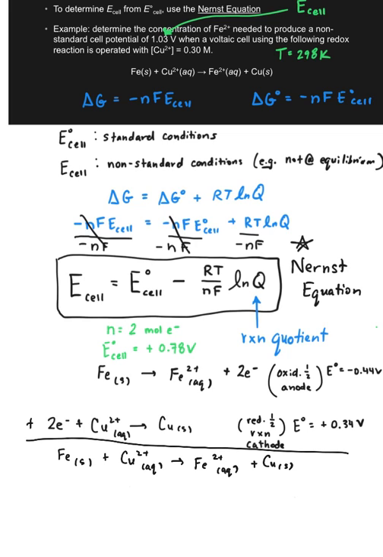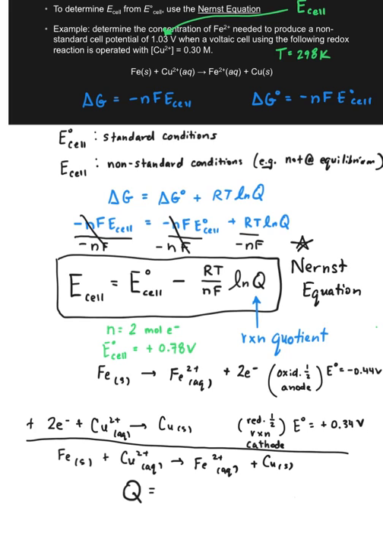What we're going to be after here is figuring out an expression for our reaction quotient Q. We write our reaction quotient in the same way we'd write our equilibrium constant. Concentrations of products raised to their stoichiometric coefficients divided by concentrations of reactants raised to theirs.